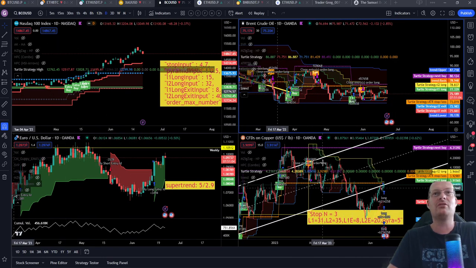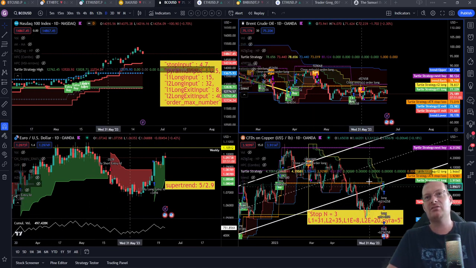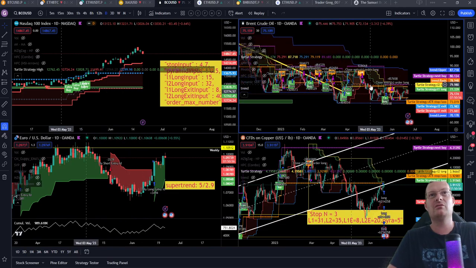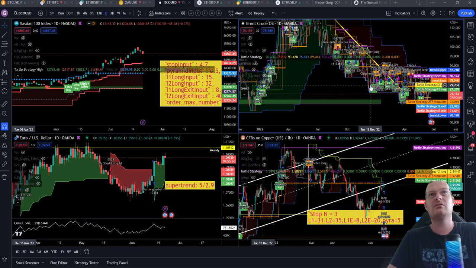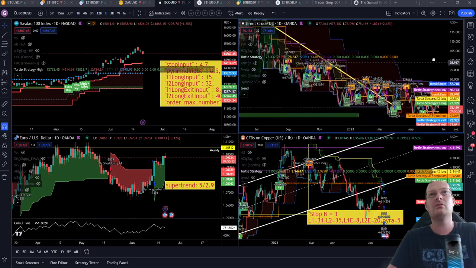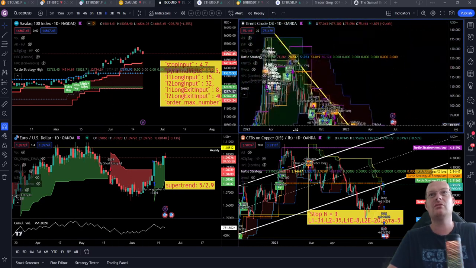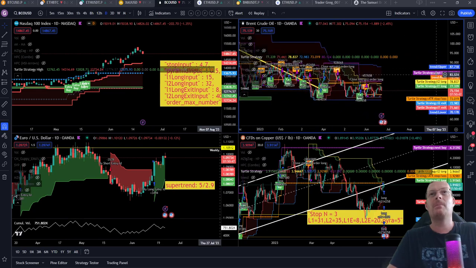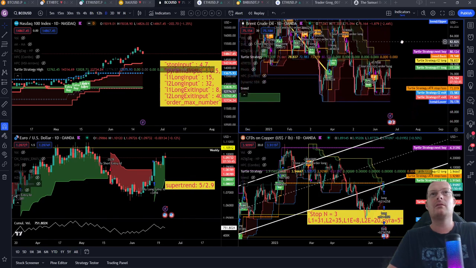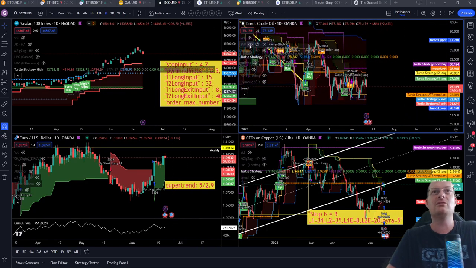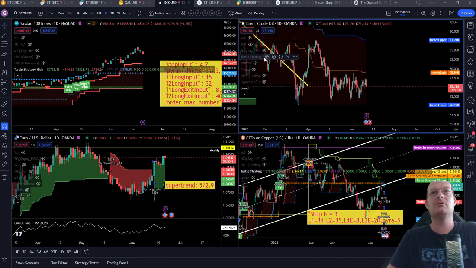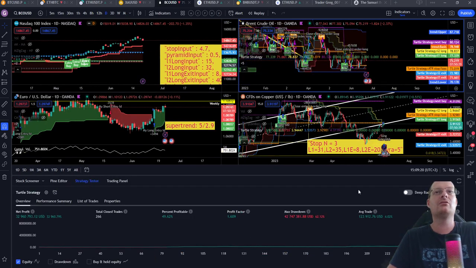So for now, I'm not trading those two anymore. But feel free to backtest it. These values should still be valid. And I see for crude oil, I don't have a text box with the values. No. Okay, yeah, this is the old turtle strategy, so we leave it for what it is.